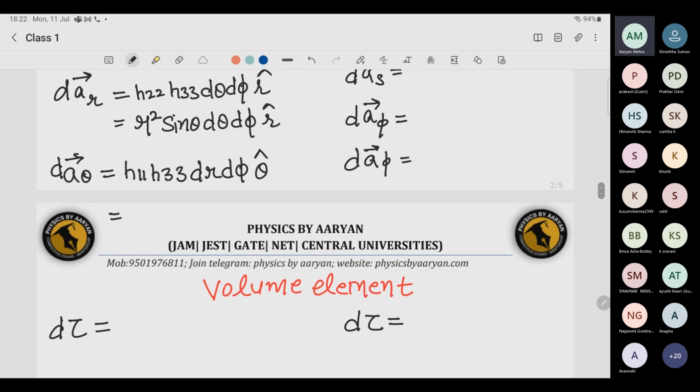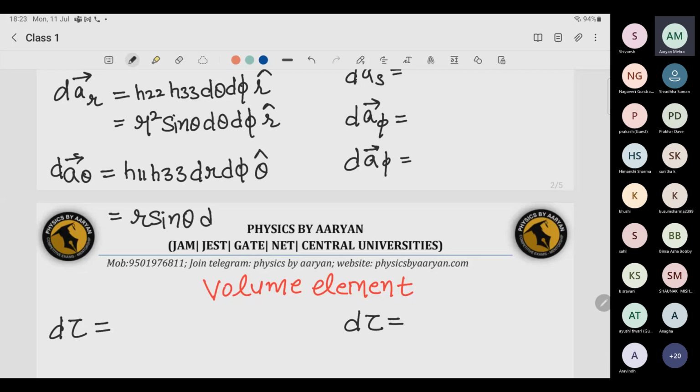Just do a very simple thing. Just put the values. R square sine theta dr d phi theta cap. Are you sure? h11 is 1. h33 is? R sine theta dr d phi theta cap. Yes, r sine theta dr d phi theta cap.